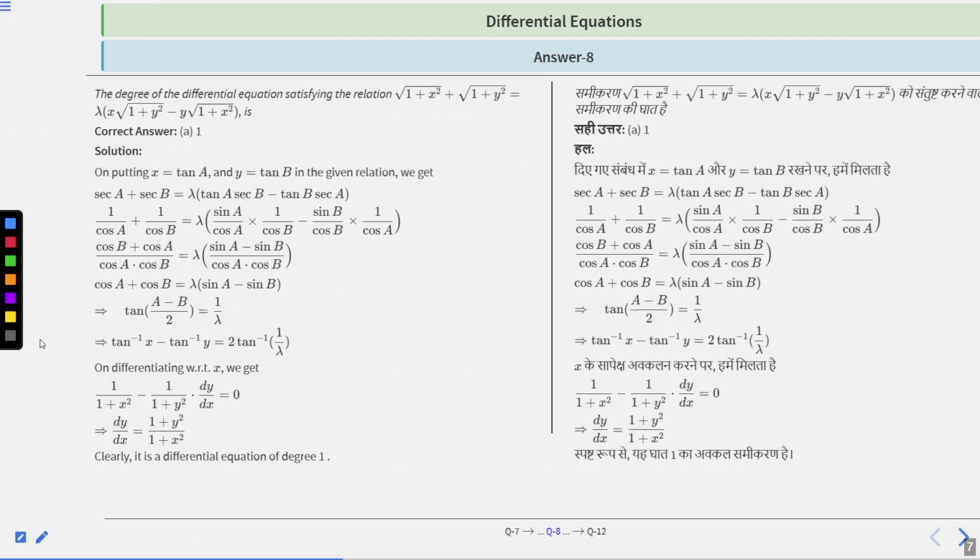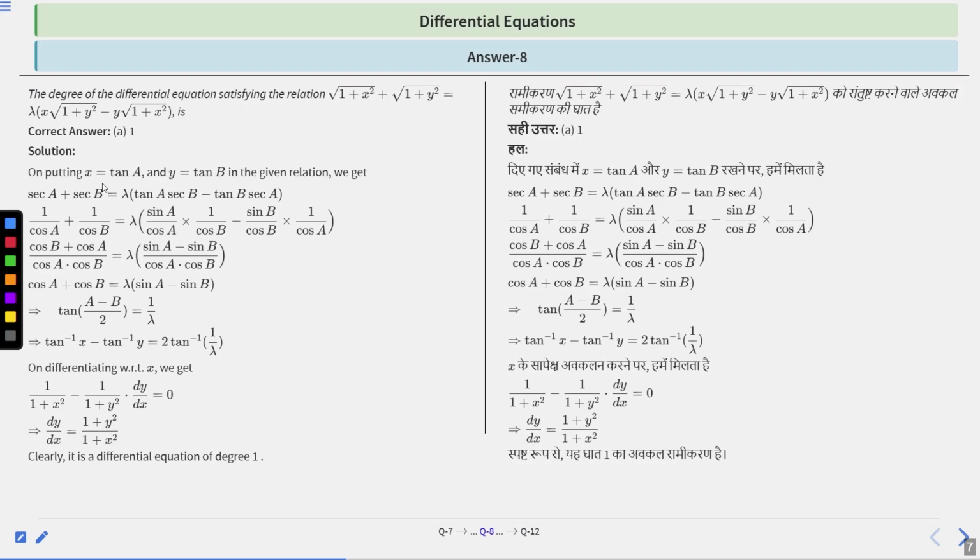Okay, let's move to the solution part. See, by observing this equation, you can easily conclude that we have to use substitution method, right? We have to use substitution method. Now putting x equal to tan a and y is equal to tan b in the given relation, we get sec a plus sec b is equal to lambda times tan a into sec b minus tan b into sec a, right?